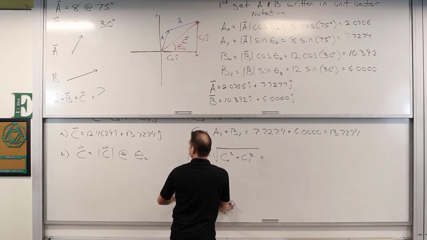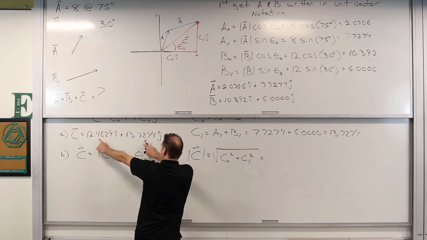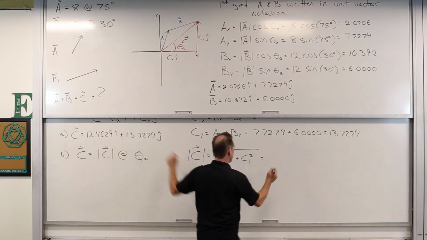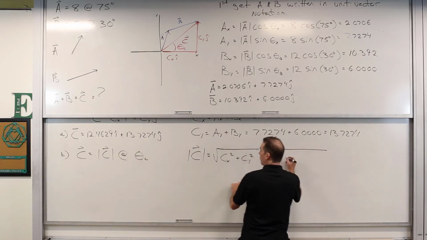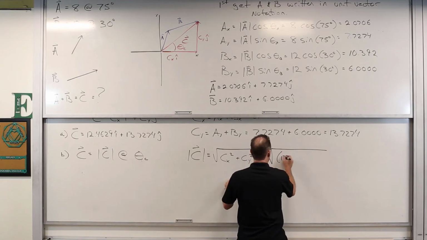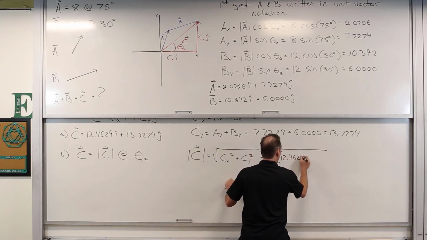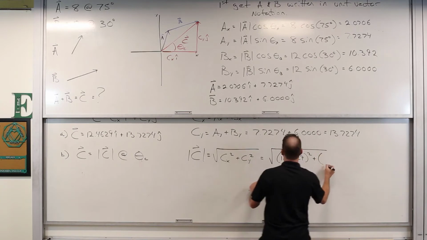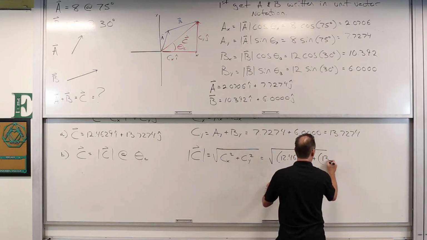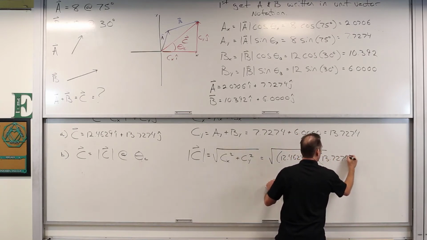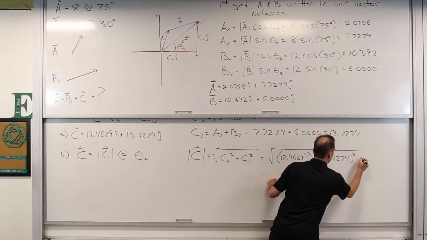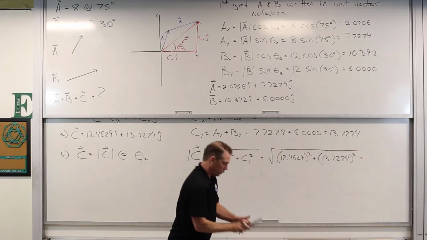We know what C sub x and C sub y are. They're right here, A sub x plus B sub x and A sub y plus B sub y. So we've got the square root of 12.4629 quantity squared plus 13.7274 quantity squared. Let's just go ahead and throw that in.